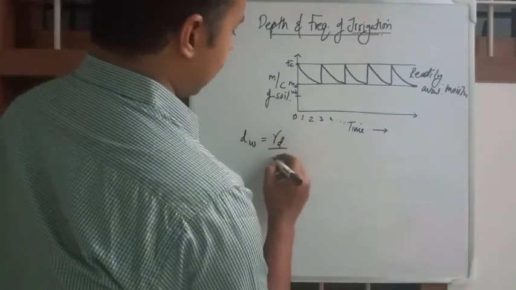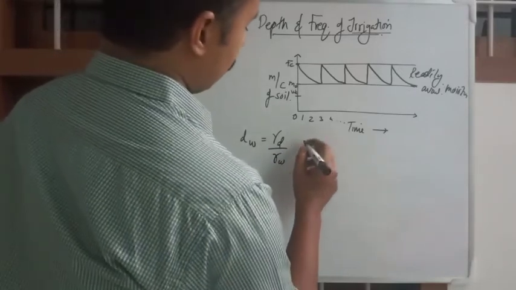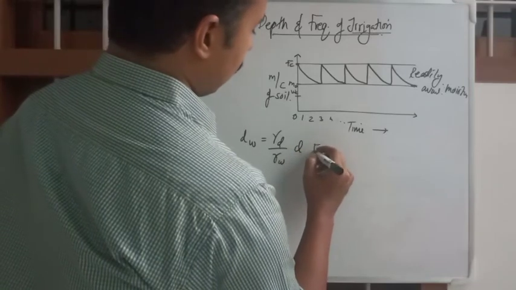Okay, so dW is given by gamma D by gamma W into D into (FC minus M0).